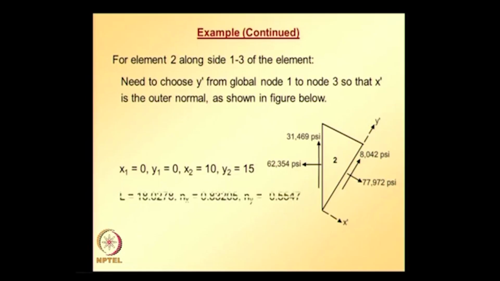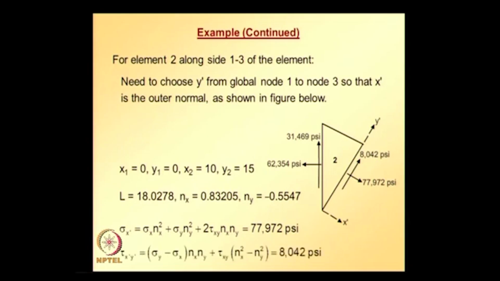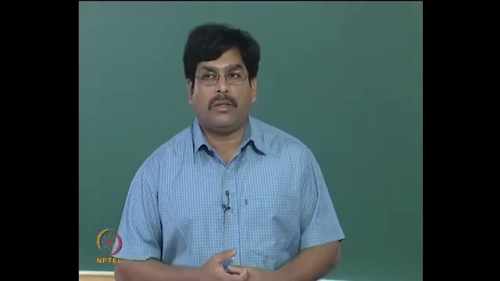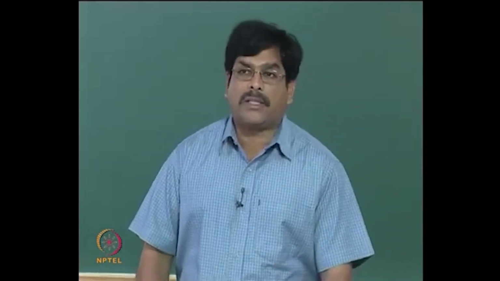The corresponding nodal coordinates are noted and the length is calculated. Once we have this, we can calculate the direction cosines of the outer normal for this particular edge 1 3, and then calculate sigma x prime, tau x prime y prime using these relations. So we calculated sigma x prime, tau x prime y prime for both elements along the interface 1 3. We need to see whether these values match or not.